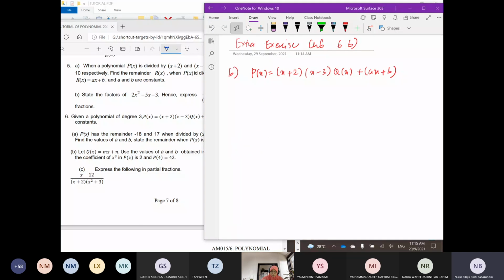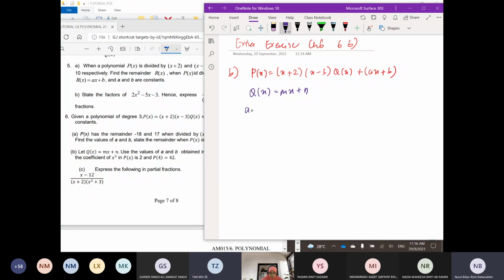Okay, so for this one, given that Q(x) equals mx plus n, use the values of a and b. So do you already have your a and b? Yes. Alright, so what is your a and b?